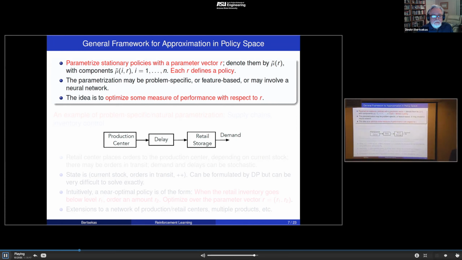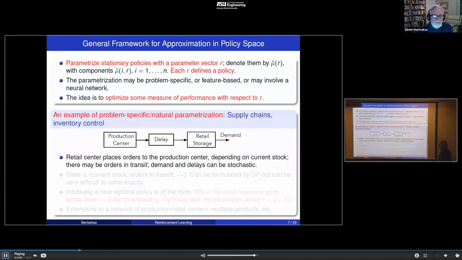So let's give a couple of examples of parameterizations. This is a problem where it's much easier to think of a control parameterization, a policy parameterization, than a cost parameterization. It comes from the general area of supply chains, inventory control. It's a very important type of problem in industrial engineering. Here I'm giving you a simple version. We have a retail center which stores some stock of some product, and it replenishes the stock by ordering from some production center.